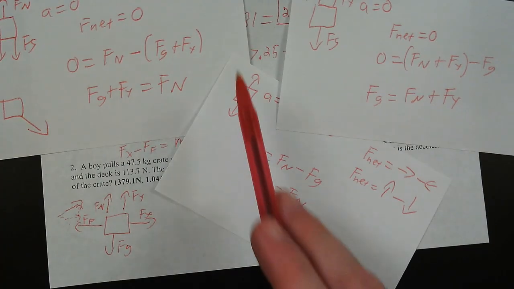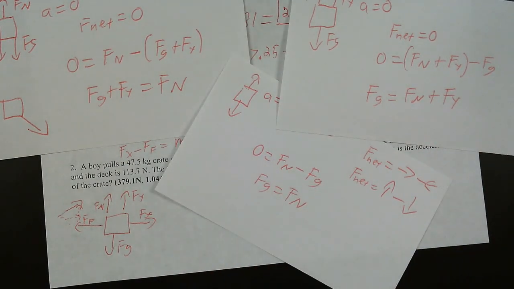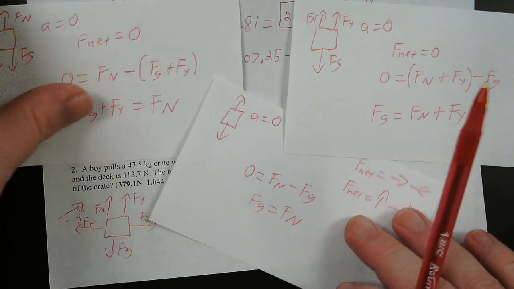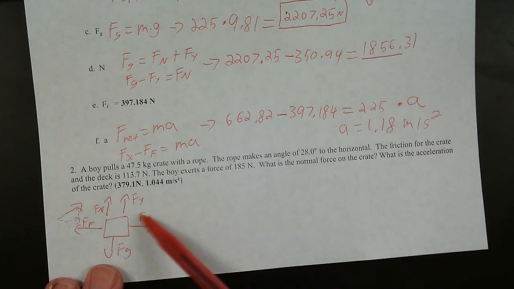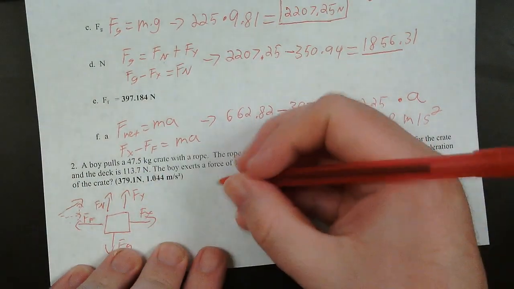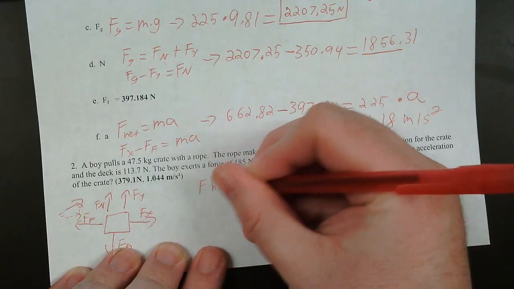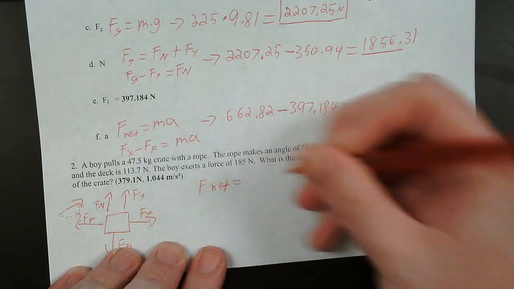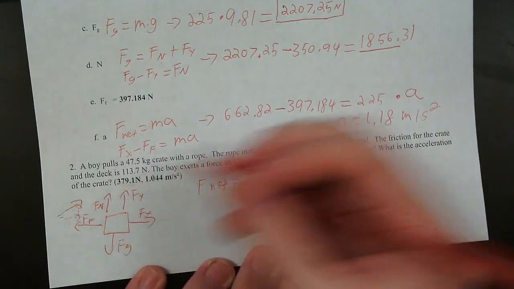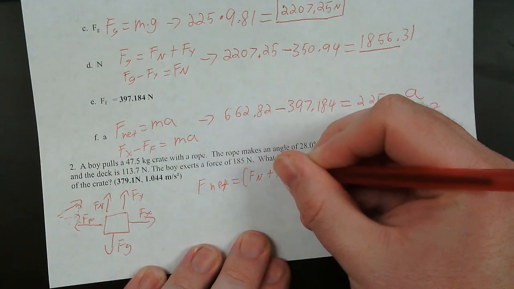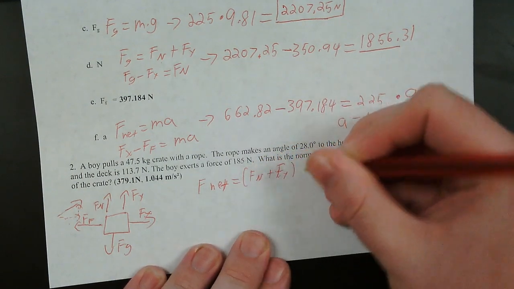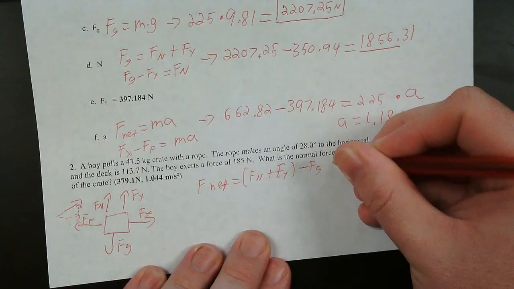In this case, it's everything pointing up minus everything pointing down. So Fnet in the vertical axis equals Fn plus Fy minus Fg.